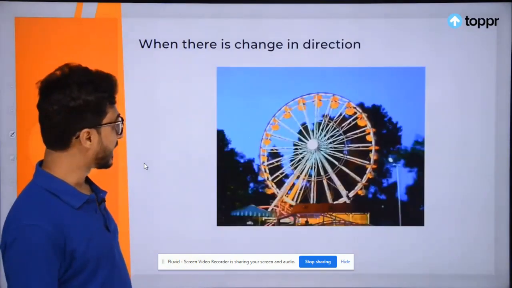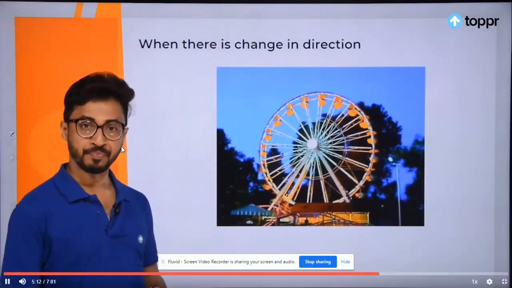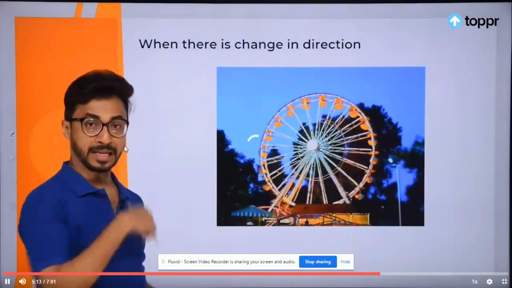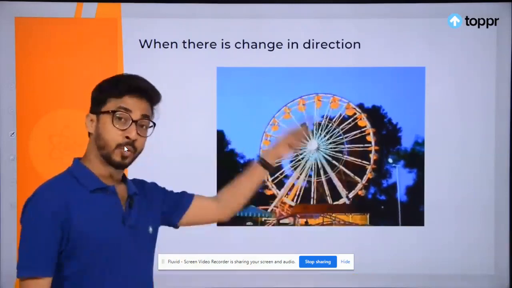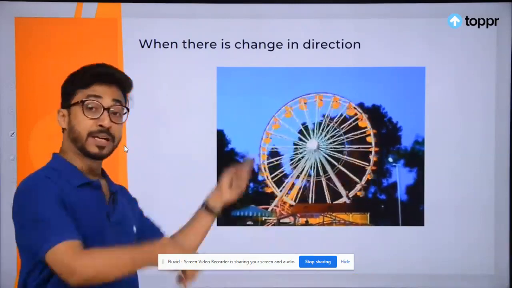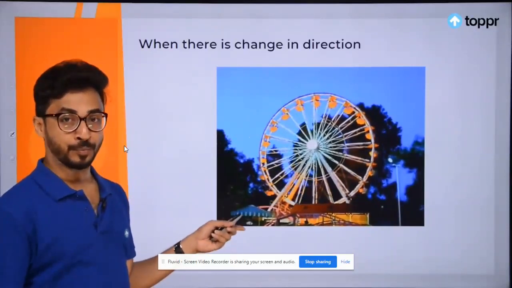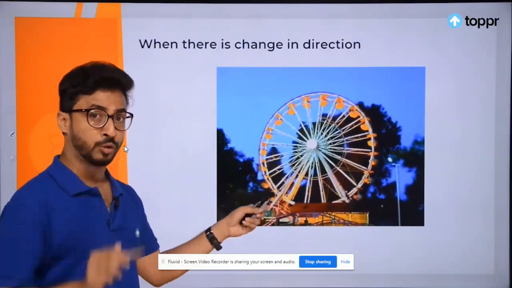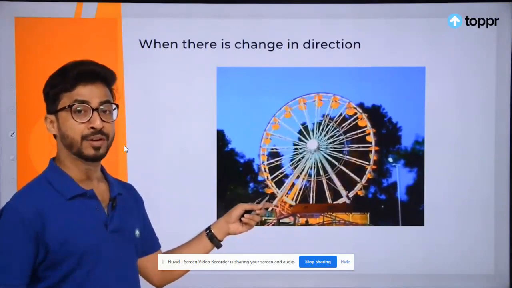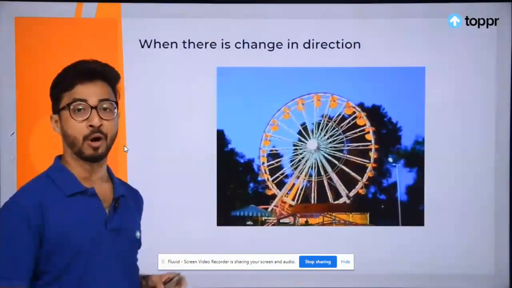See what is happening in this. It's a wheel which is rotating. You have seen this in the sports ground, in the fair. In this wheel, right, the speed is uniform, if you can follow. But speed is uniform, but do you think the velocity is uniform? No, because the direction is changing at all the points.